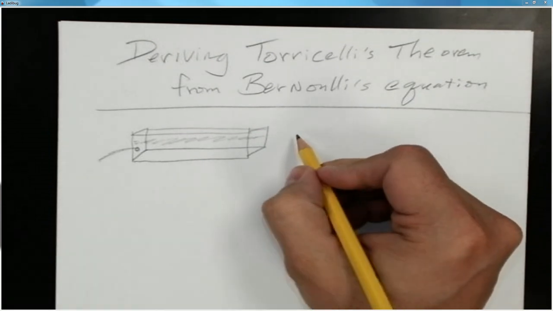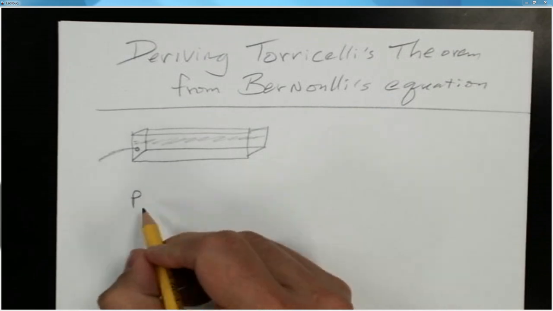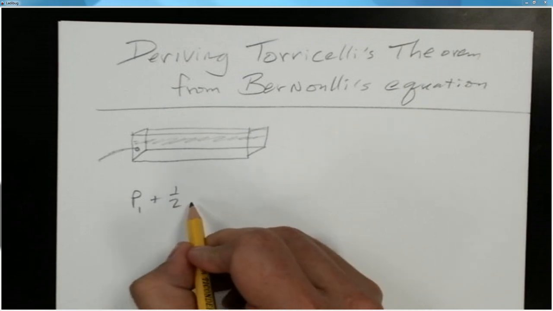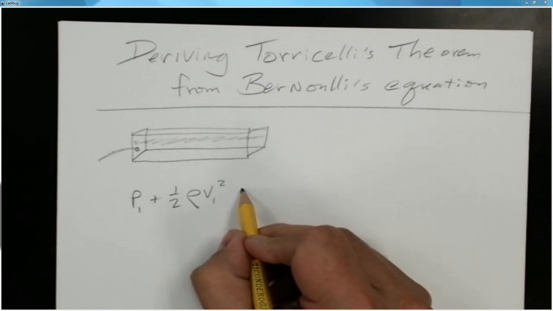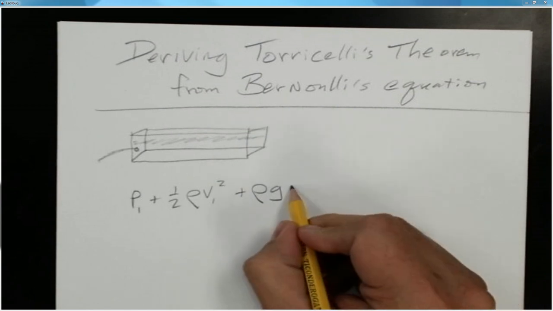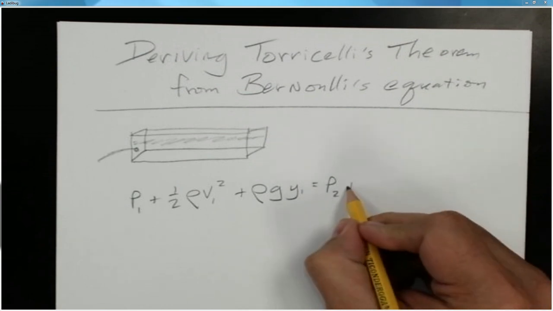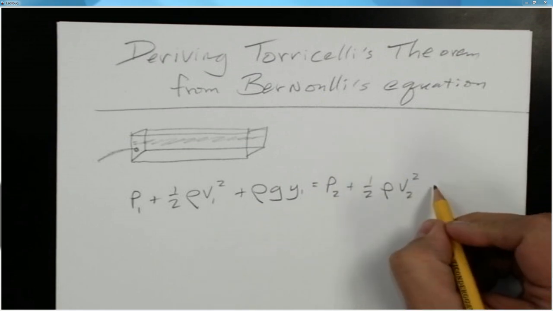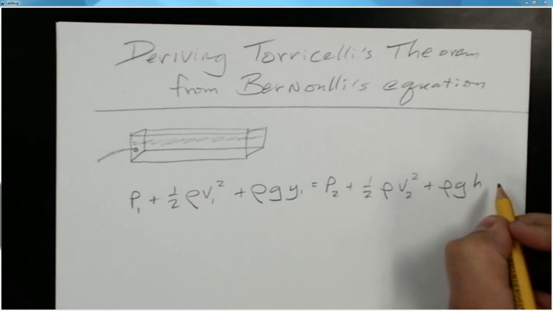So Bernoulli's equation, just to remind you and set it down, here is the pressure at point 1 plus 1/2 of the density times the velocity at point 1 squared plus the density times the acceleration due to gravity times the height at point 1 is equal to the pressure at point 2 plus 1/2 times the density times the velocity at point 2 squared plus the density times the acceleration due to gravity times the height at point 2.